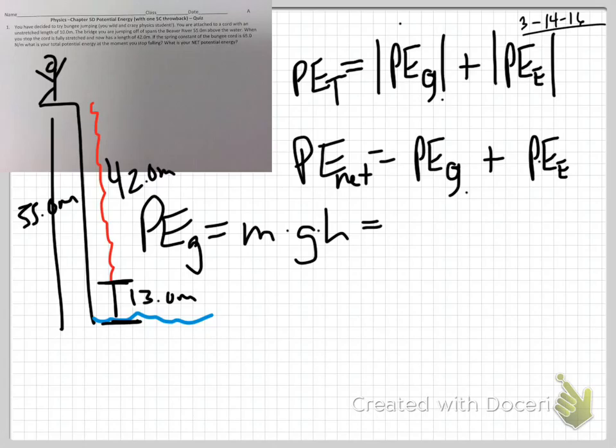So this is equal to 75 kilograms times 9.81 meters per second squared times 13.0 meters. The negative, you know what, let's talk about that. For right now, let's say we're not including it, because we're looking at the magnitude.